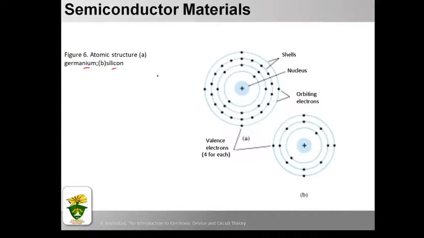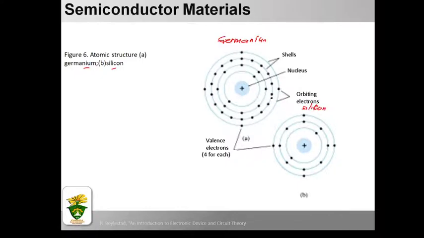So we have 32 orbiting electrons for the germanium, and in the case of silicon, we have 14 orbiting electrons.